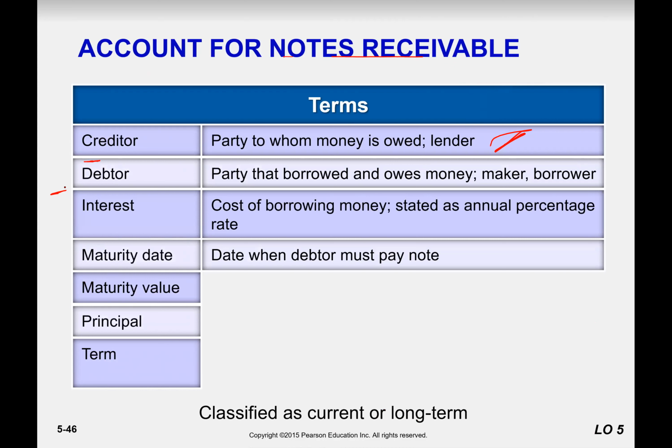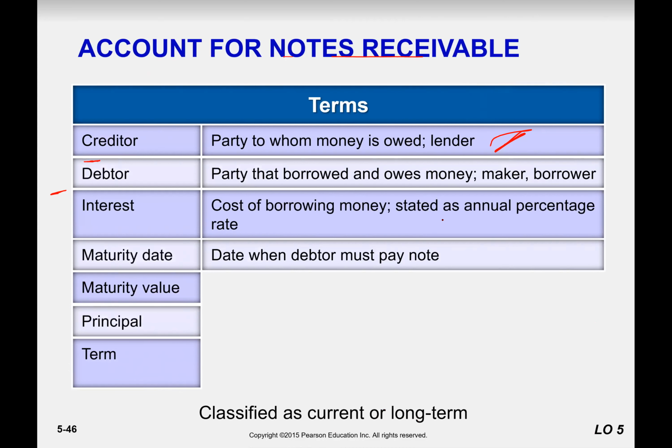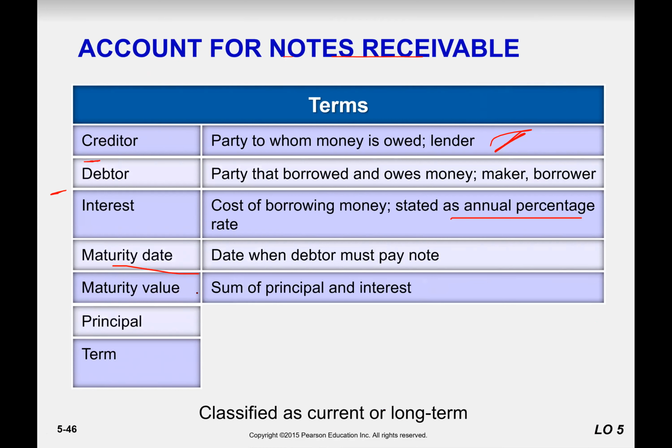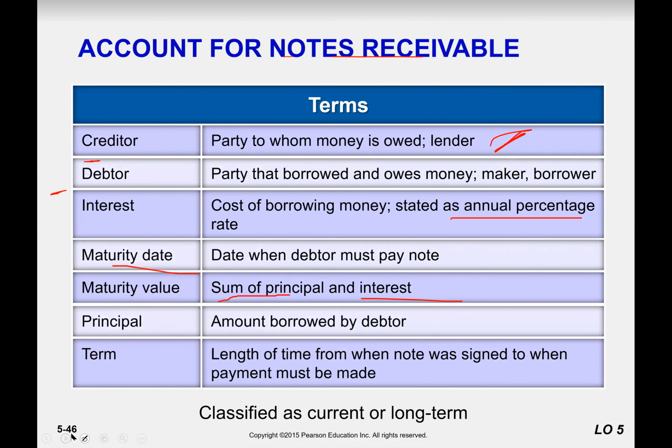Interest expense is the cost of borrowing, and it is stated as an annual percentage. It is an annualized percentage. How much money is used, you multiply according to the months or days, and you can find out the interest dollar value. The maturity date will be there, and the maturity value will be the sum of principal plus interest. The principal amount will be mentioned here, and the terms are also there.